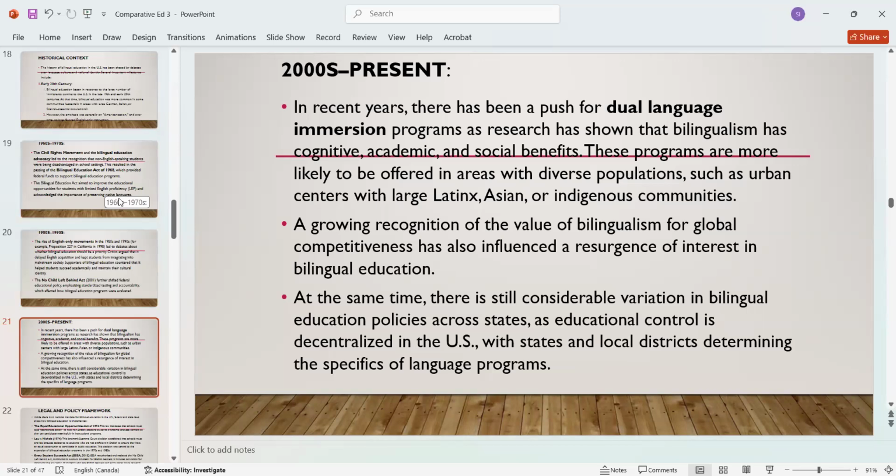So growing recognition of the value of bilingualism for global competitiveness has also influenced the resurgence of interest in bilingual education.